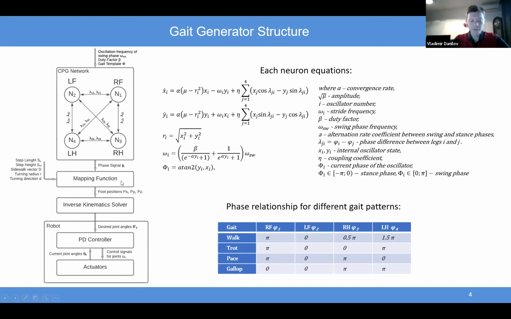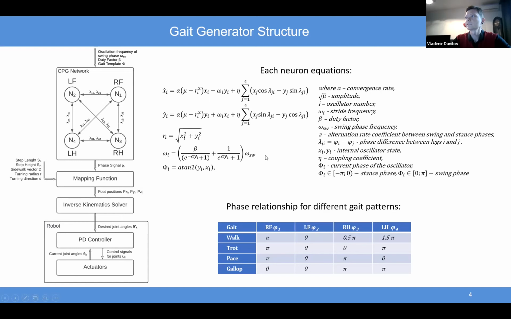The mapping function forms stride cycles based on phase signals and input parameters. I mean stride cycles for foot position of the robot. And then the inverse kinematics block transforms desired foot positions to desired joint angles.